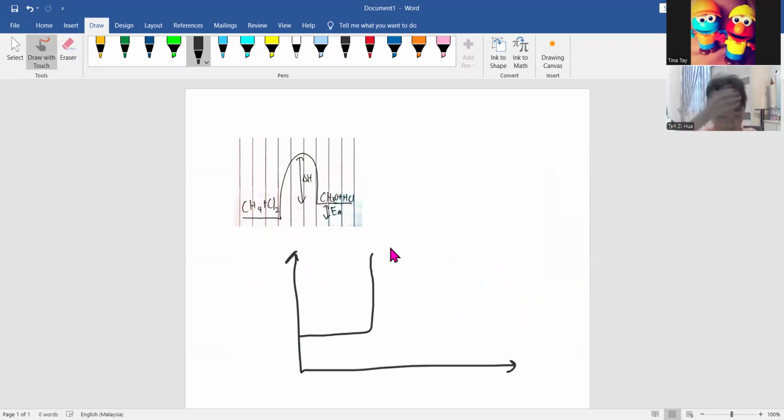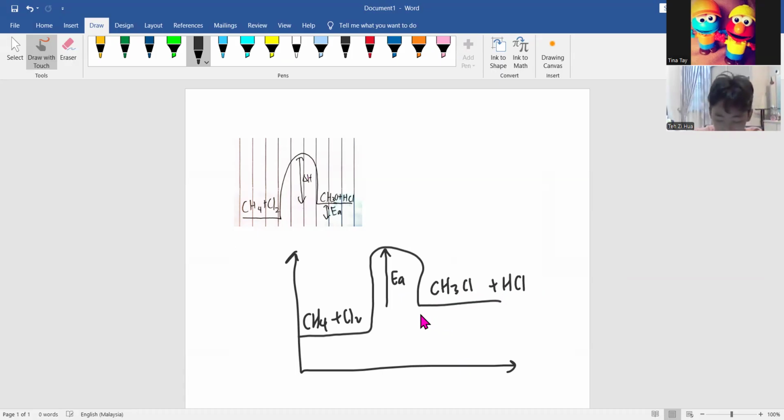This is exothermic, right? So if this is the reactant, EA is just one arrow going up. How can you draw a double arrow like that? And this is EA. How can you be wrong in so many levels? I just did the correction for you 5 minutes ago, the exact same question. What is wrong with you today? And here, exothermic.